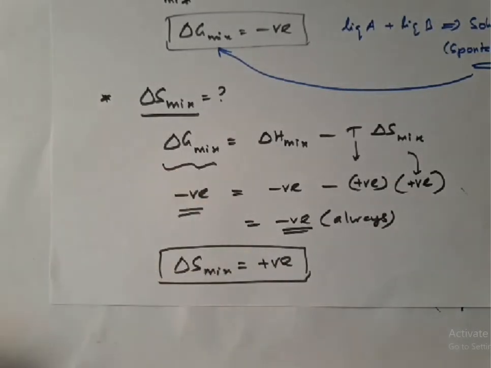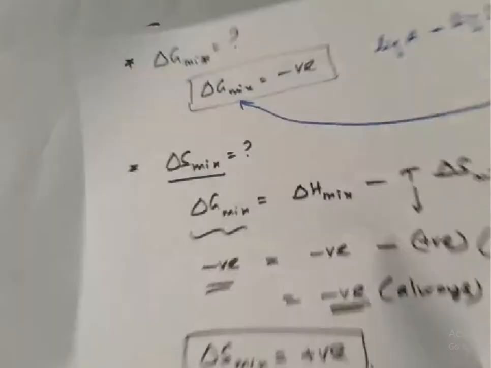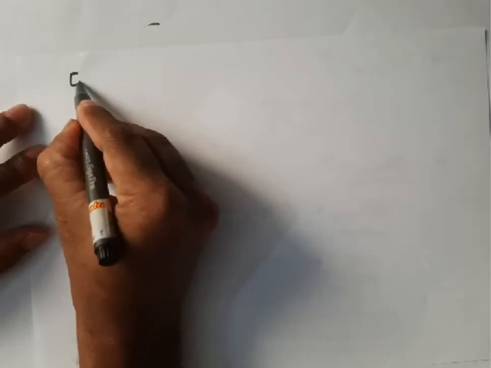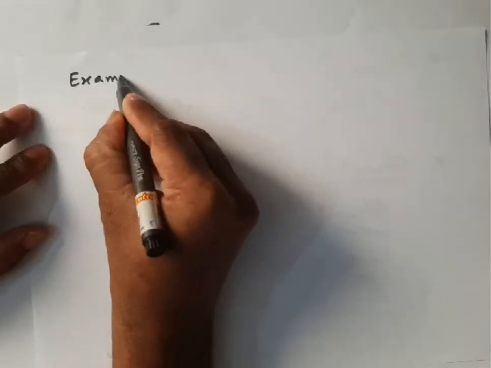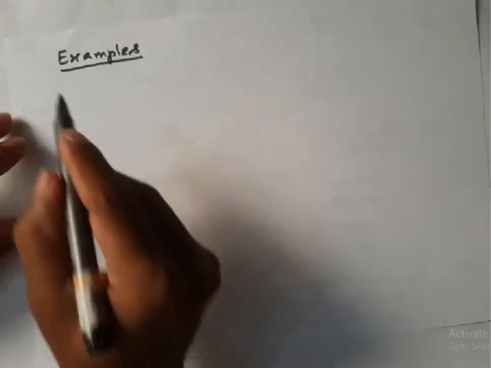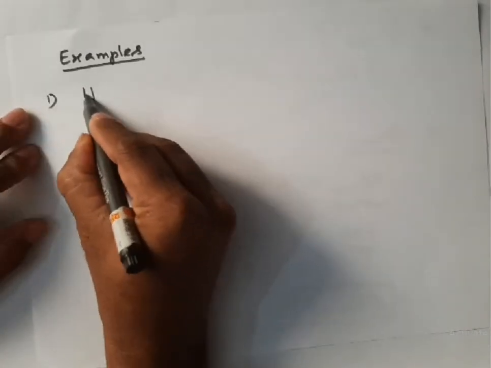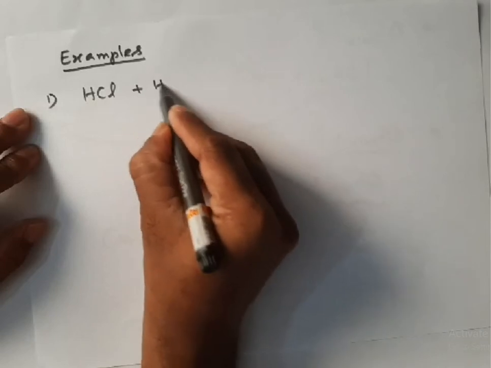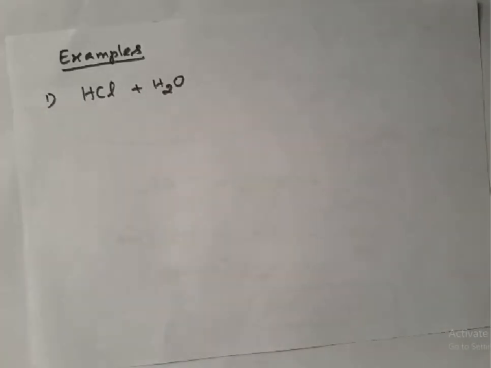So I have given the characteristic features of a solution showing negative deviation. Now I'll give some examples. What are the examples for a solution showing negative deviation? Let me take a simple example: HCl plus water.